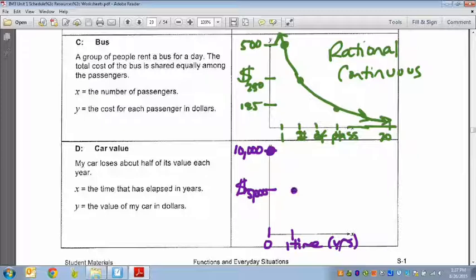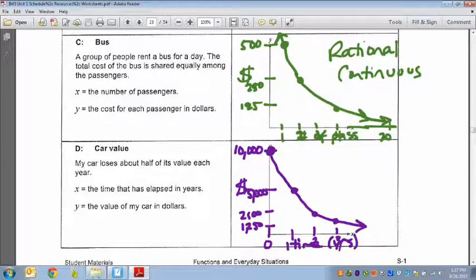After year 2, it's cut in half, meaning it's $2,500. After year 3, it's cut in half again, which I believe, if I'm doing my math correctly, is going to be $1,250. And so on and so forth. But the distinction between the bus and this car is that my car had an initial value.